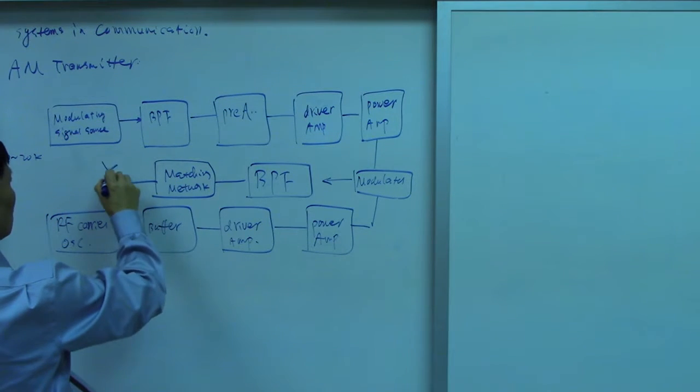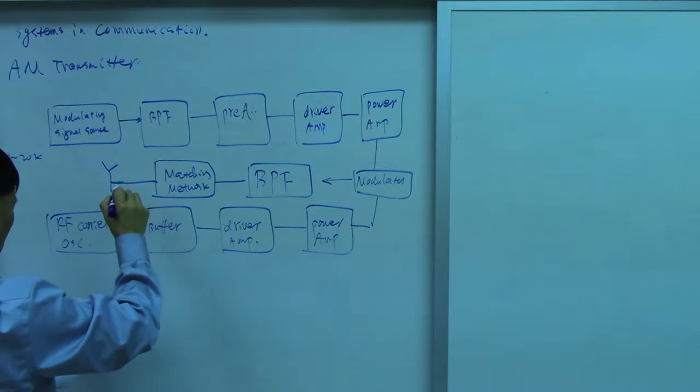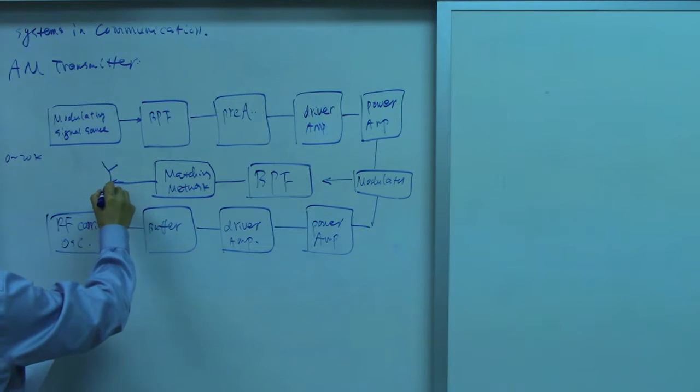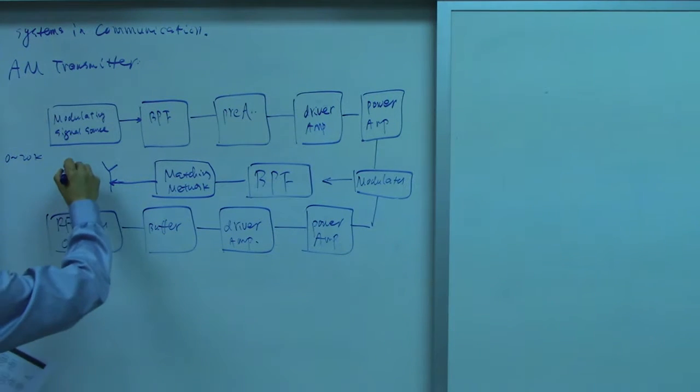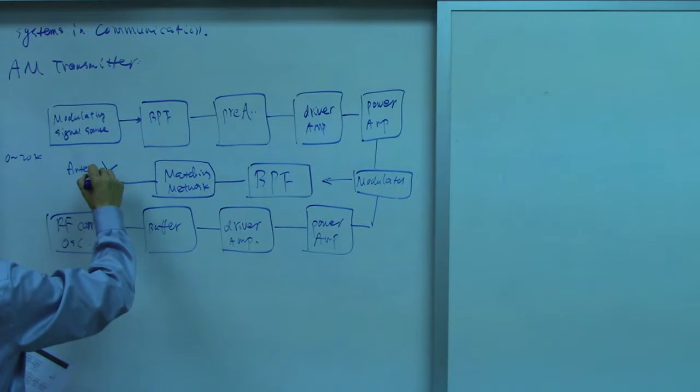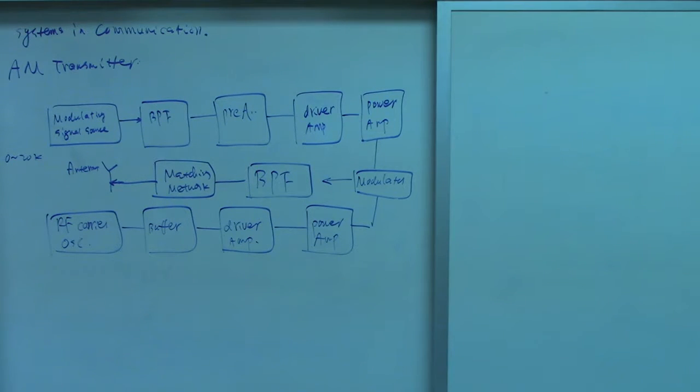Then here we have an antenna. We connect to the antenna, then we get out. So that's it. That's the AM transmitter. If you want to set up an AM station transmitter by yourself, you just follow these diagrams.